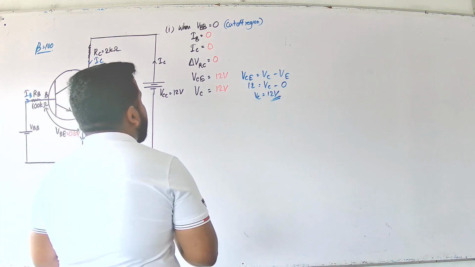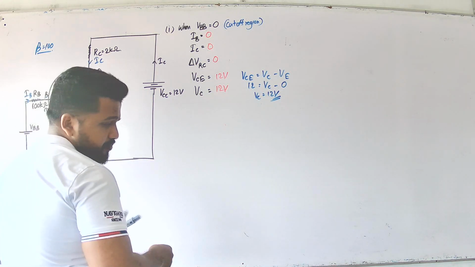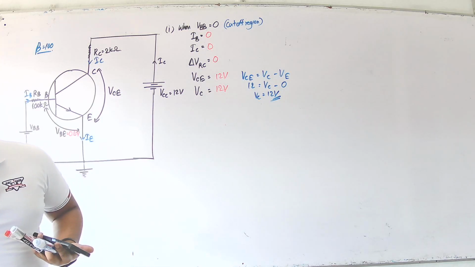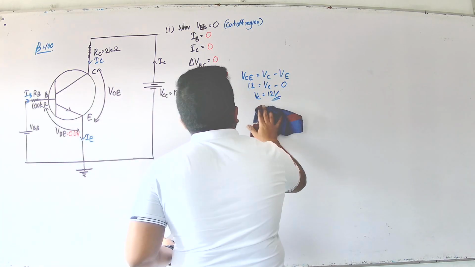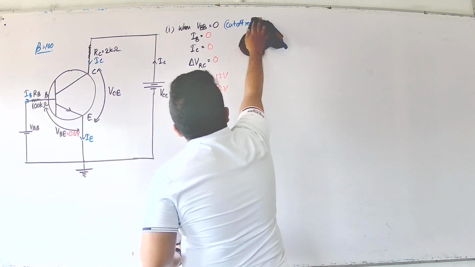Okay. Write down number 2. So this is the cutoff region.